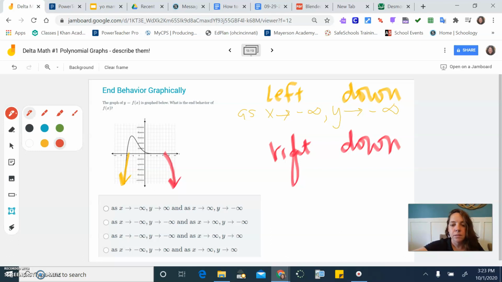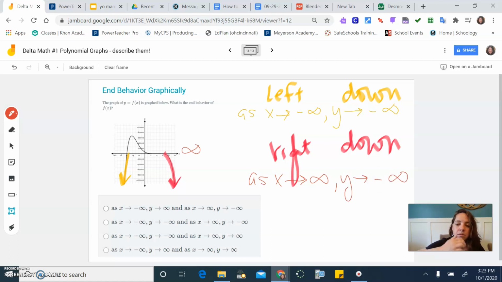On the right side, we say as x approaches right, which is positive infinity, y approaches negative infinity because it's going down. So we need negative, negative, and then positive, negative. I think this is our winner.